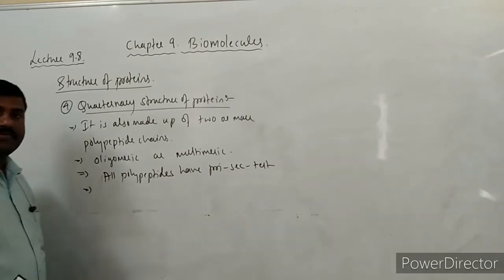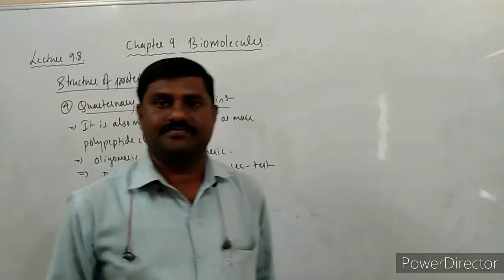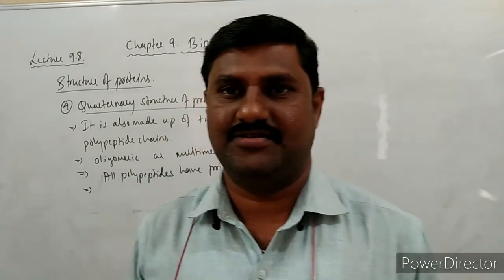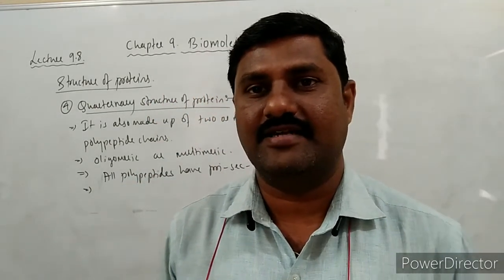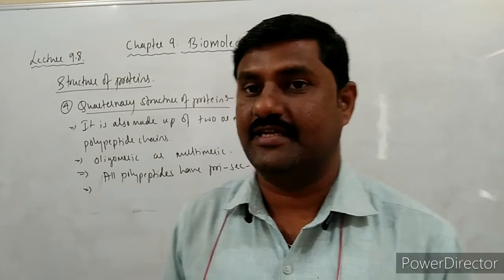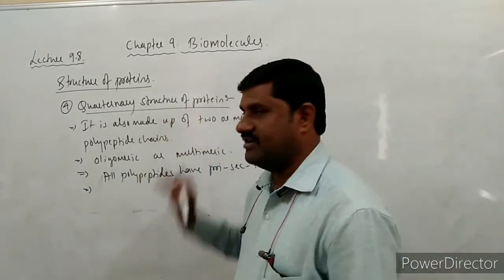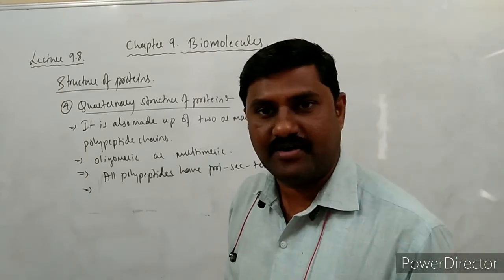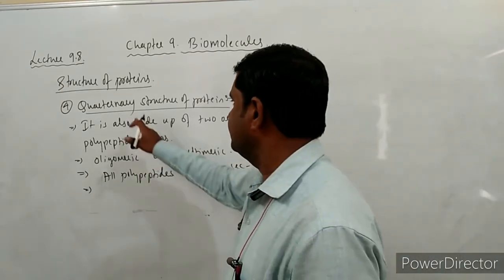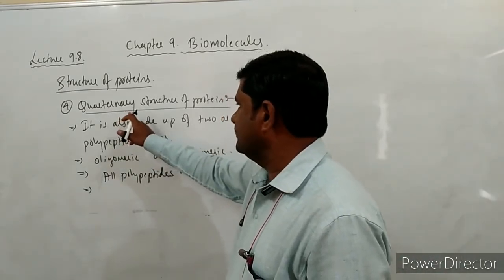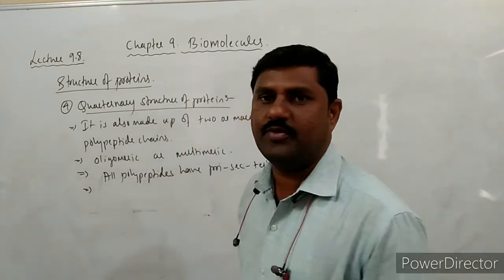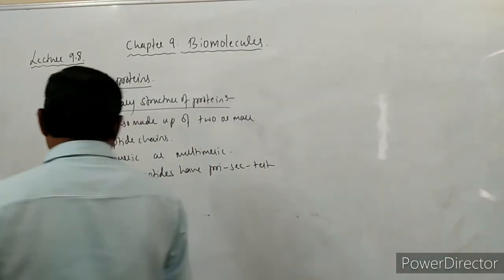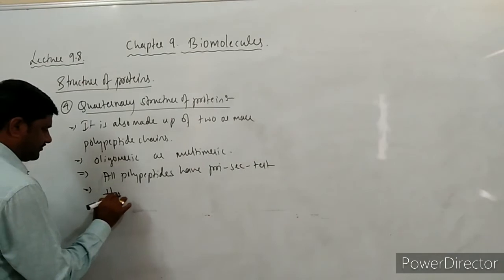And if the polypeptide chains are similar, then it is said to be a homogeneous quaternary structure of protein. Or sometimes they are different, then it is said to be a heterogeneous quaternary structure of protein.